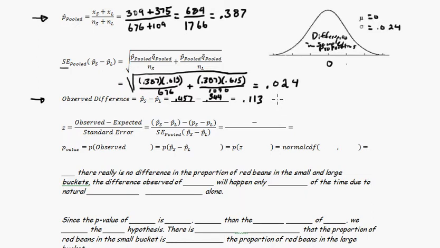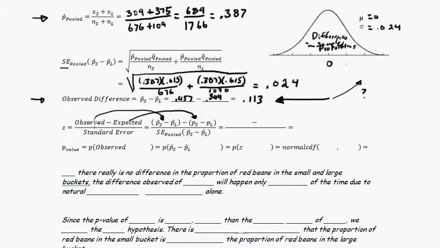So this is our actual, like before we just called it p hat, but now this is the difference in the two p hats. Okay, and we're going to compare that to the model. So the question is, where is it over here on the model? Okay, so probably the easiest way is to calculate the z value, because that's a measure of how many standard deviations away it is from the center. So don't let this notation, you don't have to write all this, but I wanted to make sure you knew what this notation means.